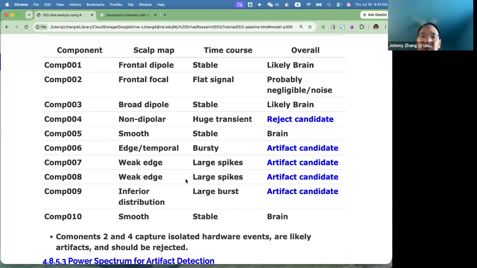Many times we need to combine multiple methods to identify potential artifacts.